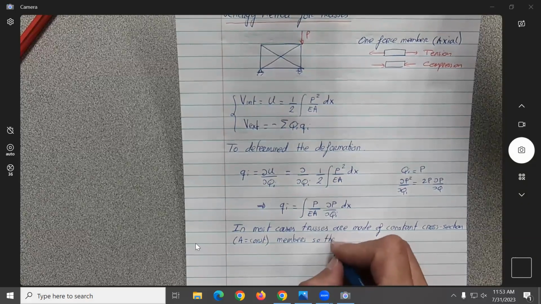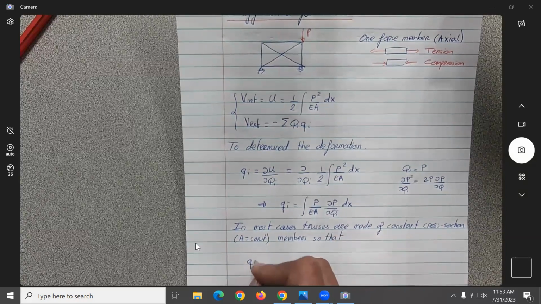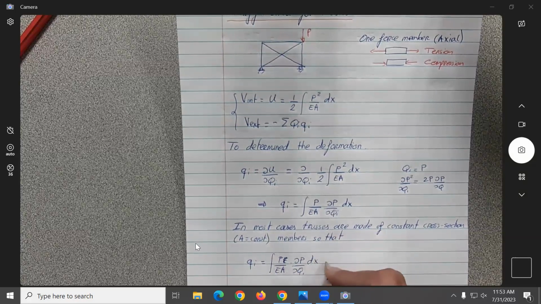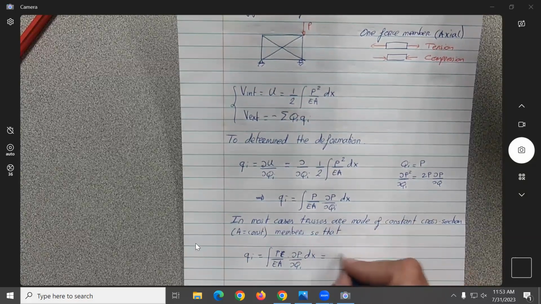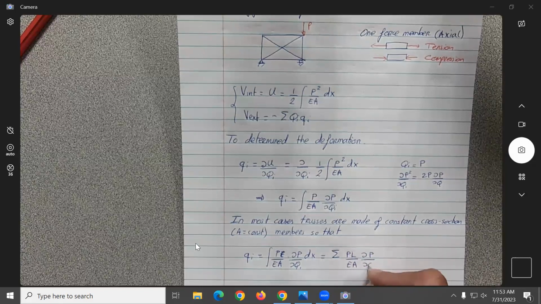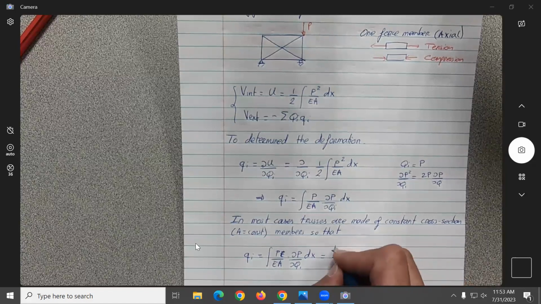So I can rewrite this expression here. P over EA times partial P partial Q sub I dx, and they can have different lengths. We can replace the integral sign by the summation sign of PL divided by EA times partial P partial Q sub I, with L sub I, from I equals 1 to N.